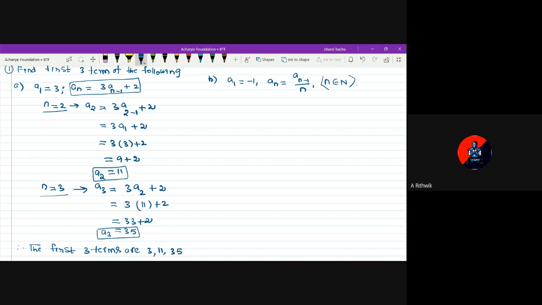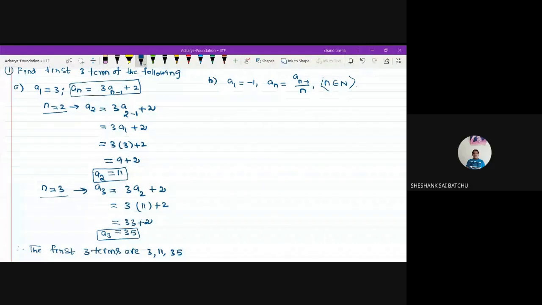Sir, I didn't understand the second one. Say, n is equal to 3. Sir, A2 and A3 are also minus 1 only, sir.